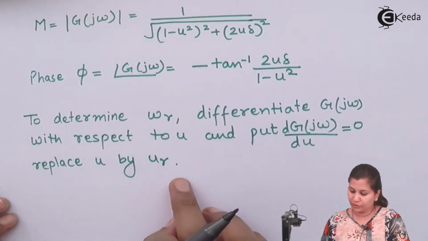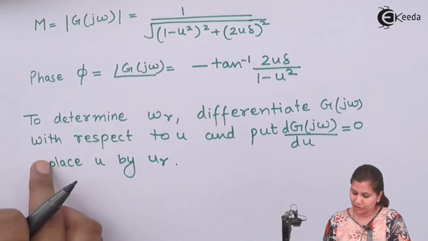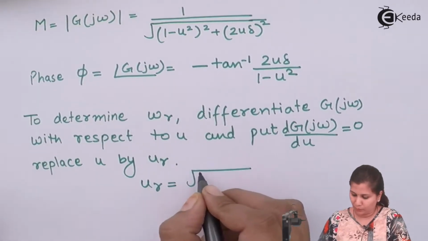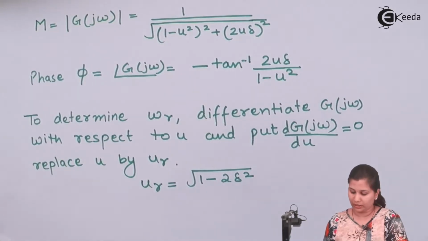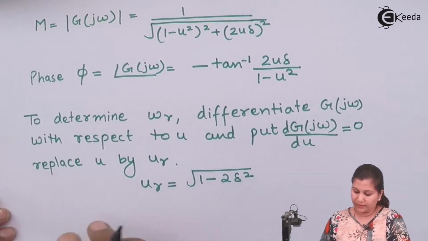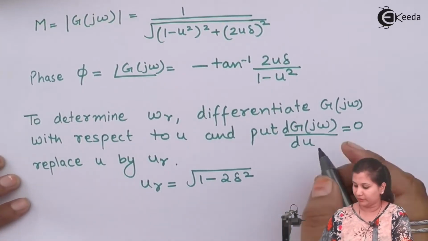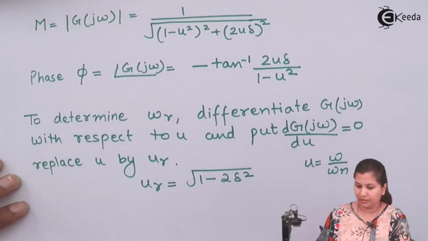So what we are going to get when we differentiate it is ur equals under root of 1 minus 2 del square. Okay, and this ur, because we have taken u equals omega upon omega n, the variable omega upon omega n.